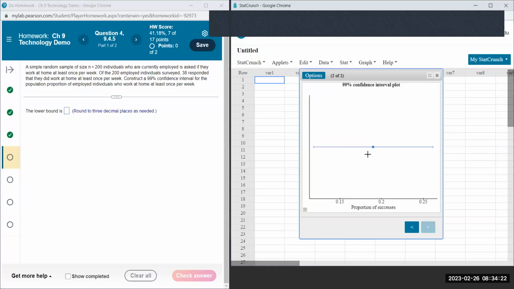Maybe that's not the truth for the population. It could be, but most likely not. We cannot guarantee 100%, but we can be confident that it's somewhere between these two numbers here, 0.12 and 0.26. So somewhere between 12 and 26% of the population works at home at least one day a week.